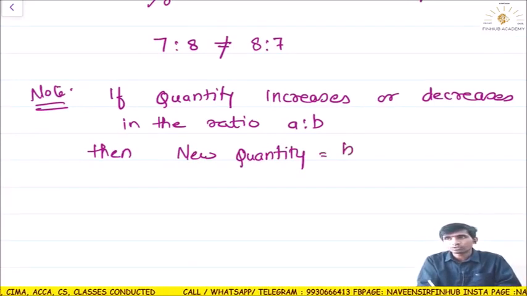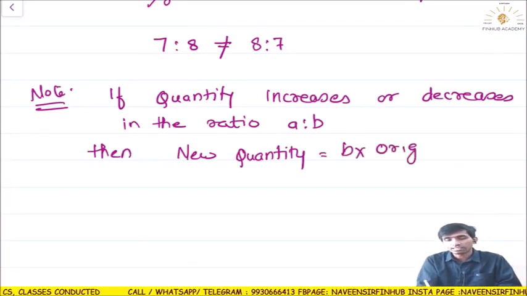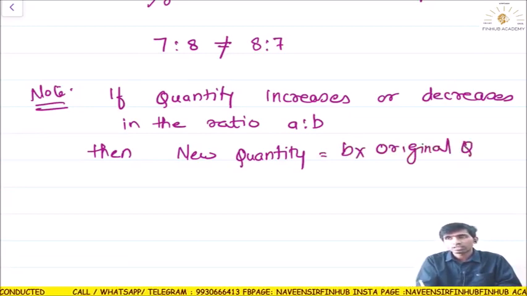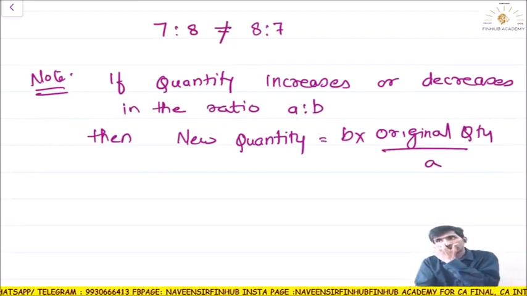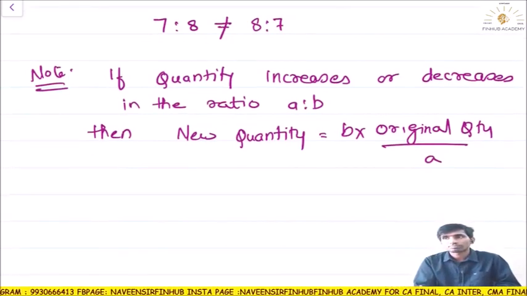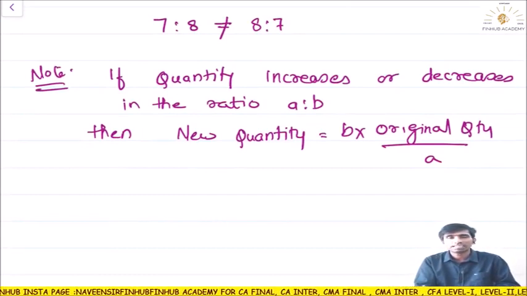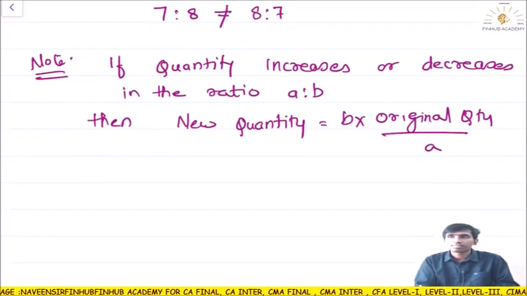That is b into the original quantity upon a, like this. Please write this. Fine, done.